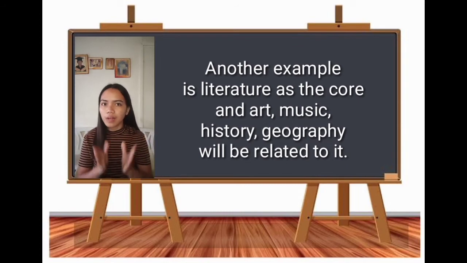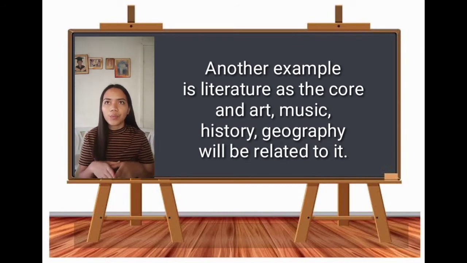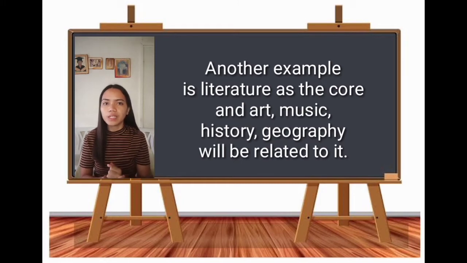So that is a correlation design wherein there is a specific subject, and other elements correlate to that specific subject, and at the end each subject maintains its identity. That's why it is called correlation design.